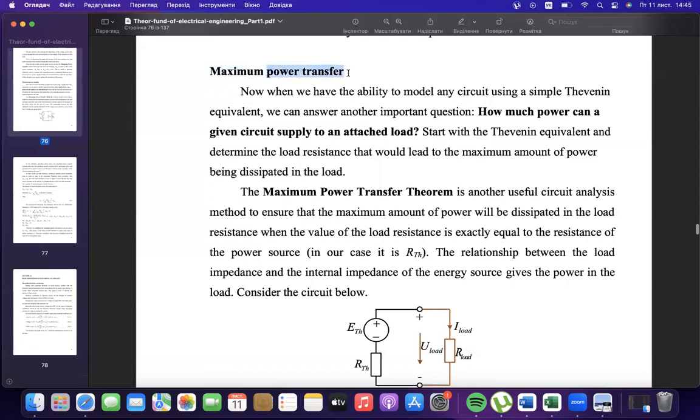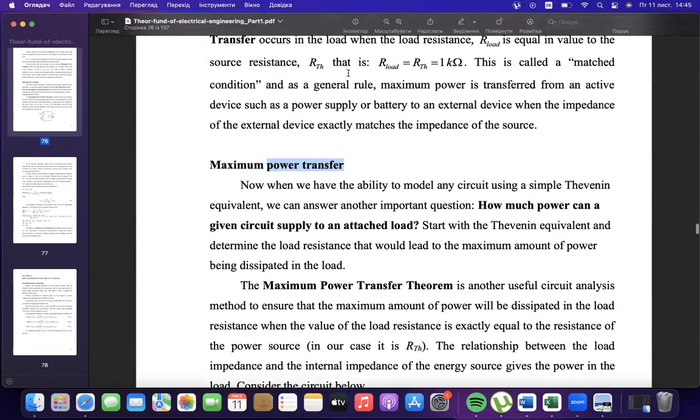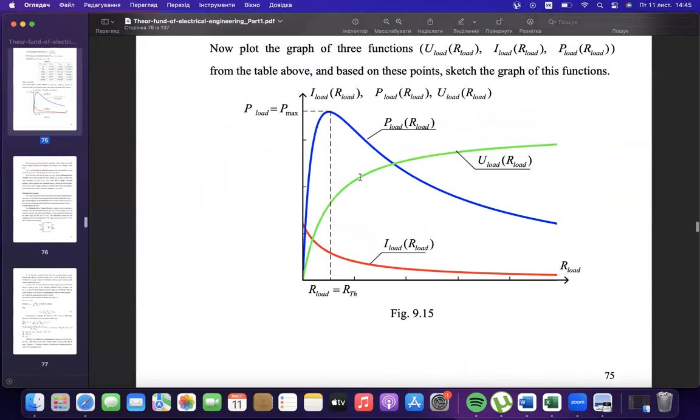Just speaking about power transfer, the equivalent generator method is quite useful to discover the properties of a system in terms of power transfer.